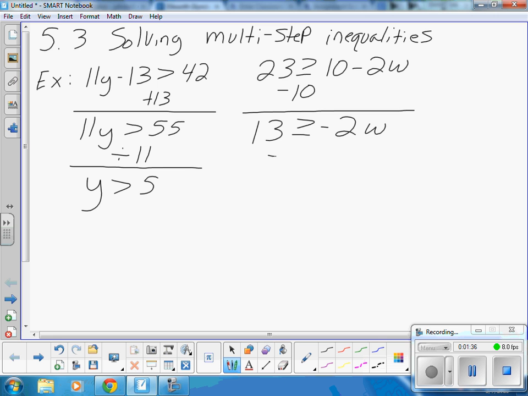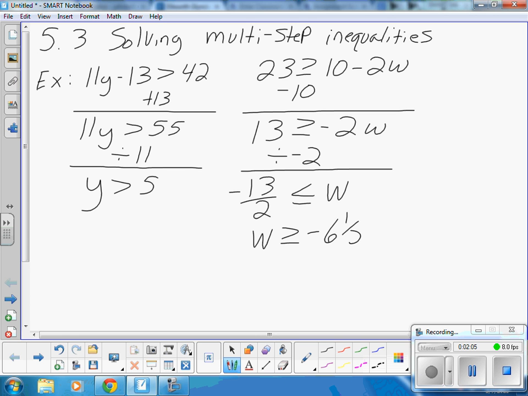I am going to divide by a negative 2. Remember, when I divide by a negative 2, my inequality reverses. So 13 over negative 2 is less than or equal to w. I'm going to rewrite it with the w first. w is greater than or equal to negative 6 1/2.